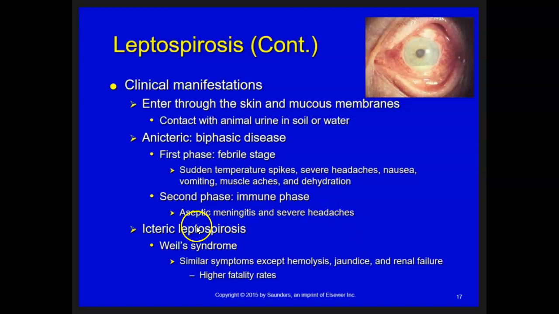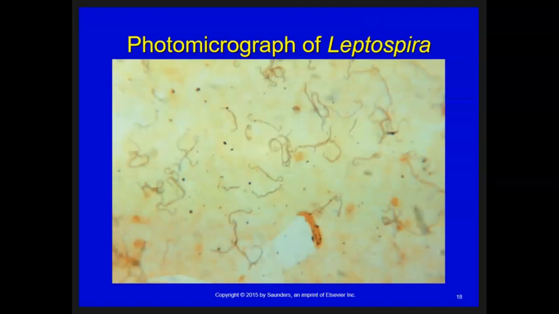And there is an anicteric biphasic disease where you have a sudden temperature spike, severe headache, and vivid pink eyes, and then the icteric leptospirosis, which is also called Weil's syndrome. This is a severe form of leptospirosis where you see hemolysis, jaundice, and renal failure. Here's what we could see under the microscope for Leptospira.